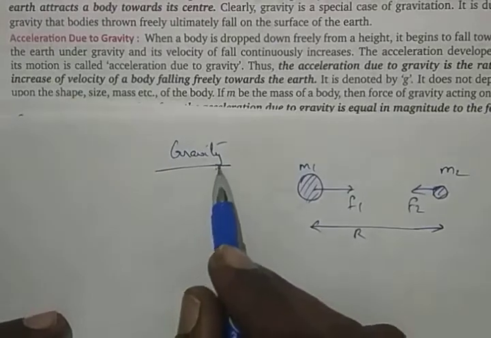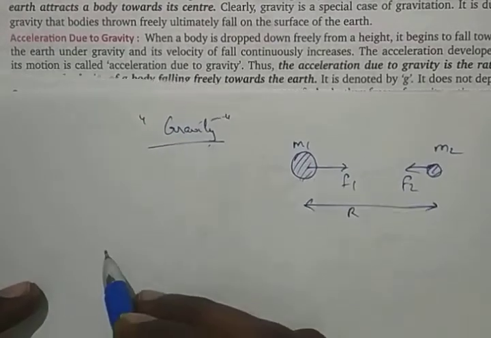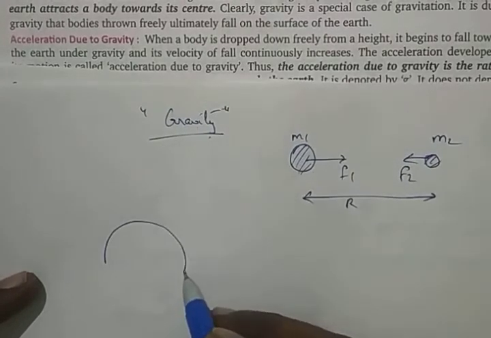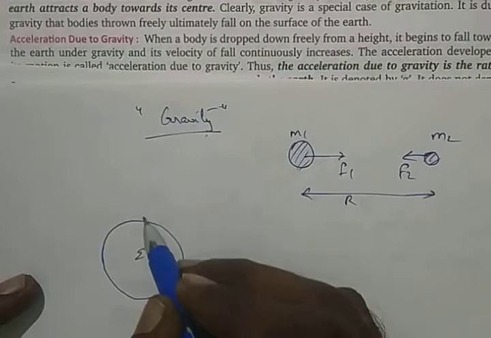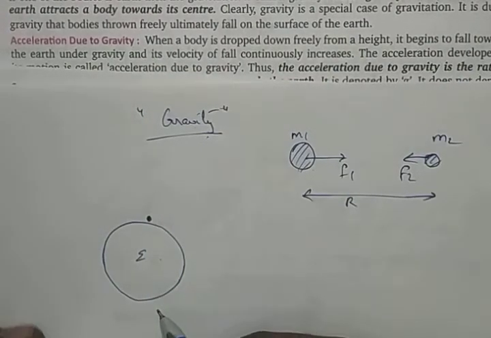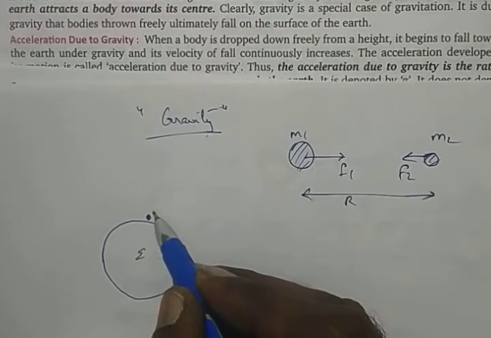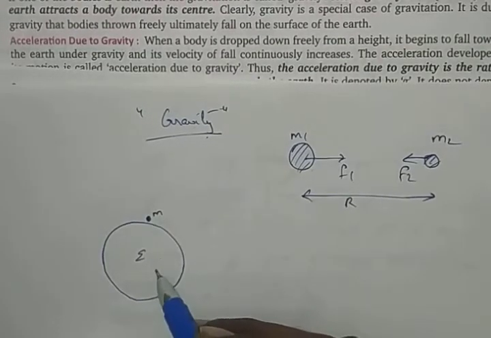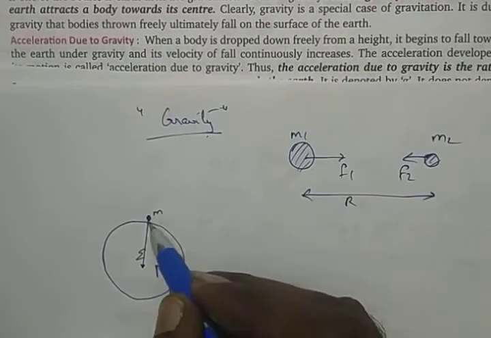The specific name of gravity is given here because of a huge body like a planet. Maybe Earth is the planet here, and our tiny speck of a body is standing on the surface of the Earth. This body is called small m and the other body is called capital M, and they will also have a force.